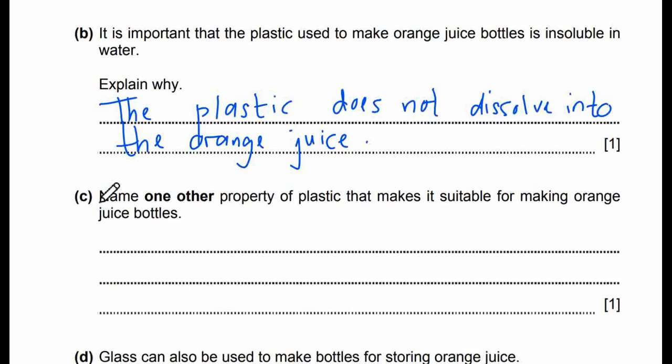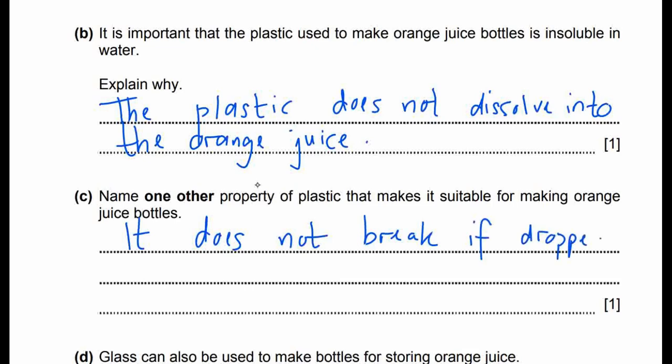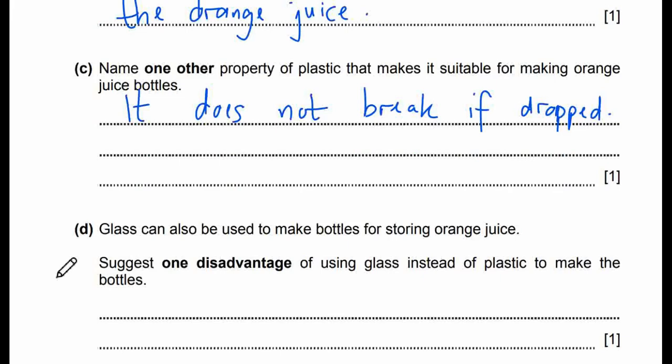Next, name one other property of plastic that makes it suitable for making orange juice bottles. It does not break if dropped. That is one benefit of plastic. Next, glass can also be used to make bottles for storing orange juice.